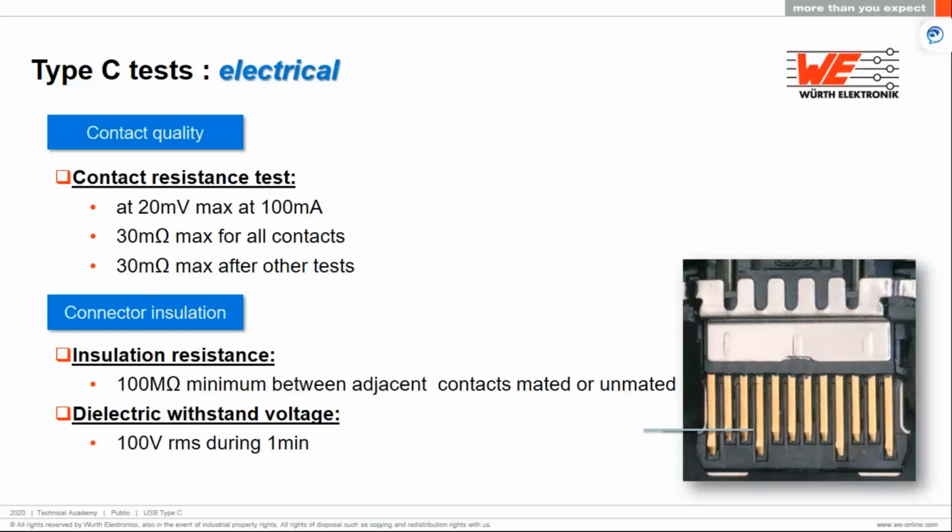This value remains the same even after all the environmental tests are done, so the contact quality is always ensured as in a new state even after all the tests are conducted. 100 megaohms is the minimum necessary insulation resistance between adjacent contacts. And the maximum dielectric withstand voltage given by the standards is 100 volts RMS during a 1 minute time frame.